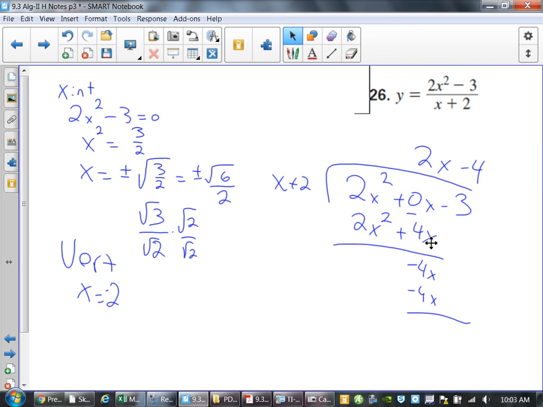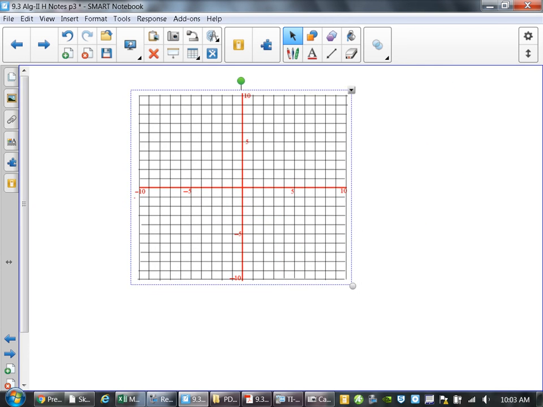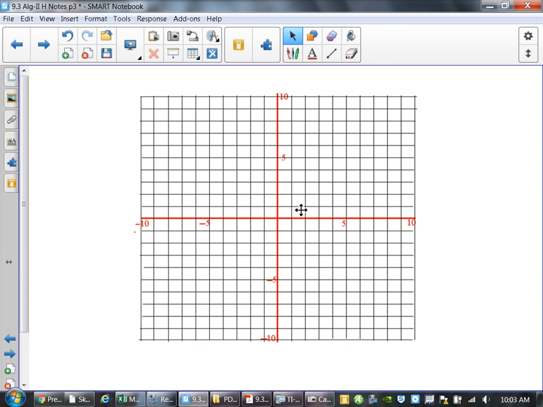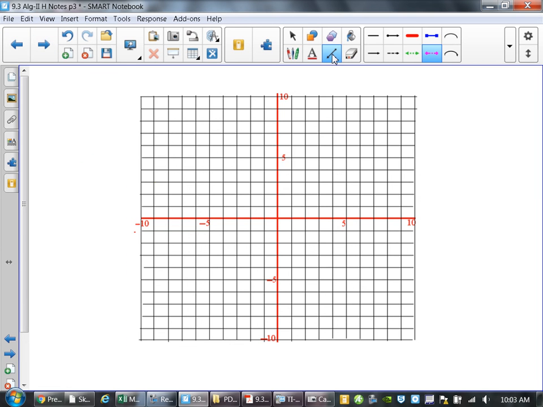So we have a slant asymptote at y equals 2x minus 4. We have x-intercepts at plus or minus root 6 over 2, and a vertical asymptote at x equals negative 2. When you go to plot that then, vertical at negative 2. Negative 4, up 2 over 1.